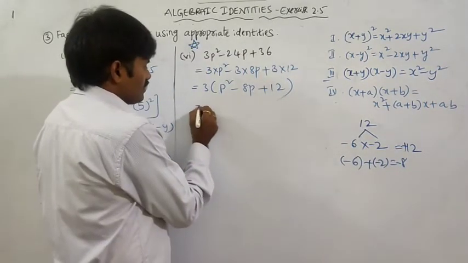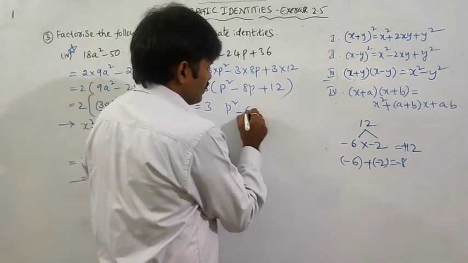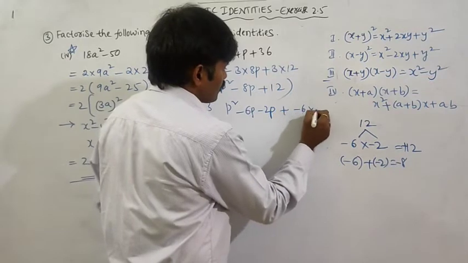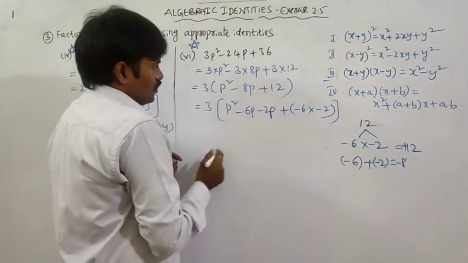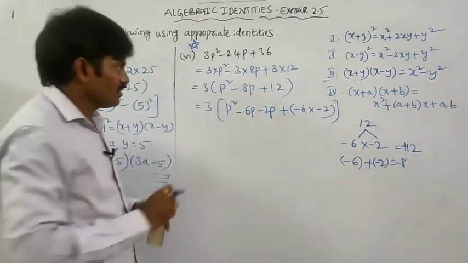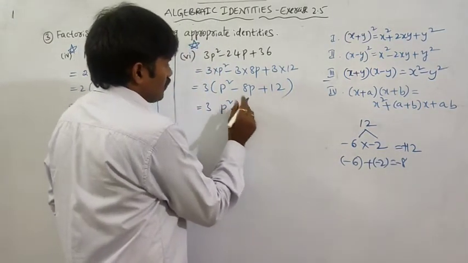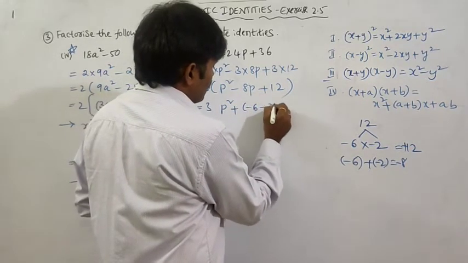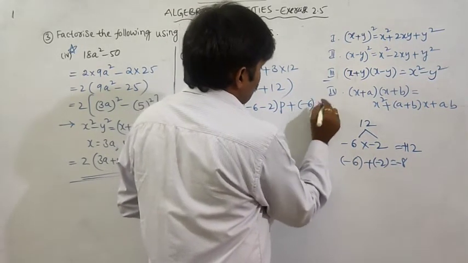So this can be written as 3 into p square minus 8p plus 12, where minus 8 can be written as minus 6 plus minus 2 into p, and plus 12 can be written as minus 6 into minus 2.